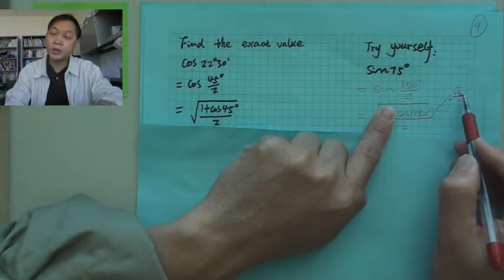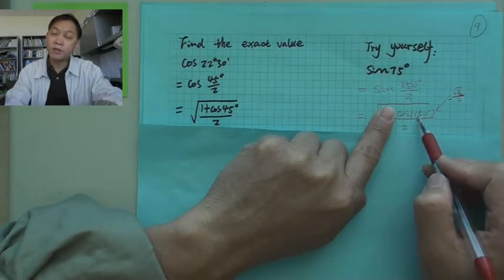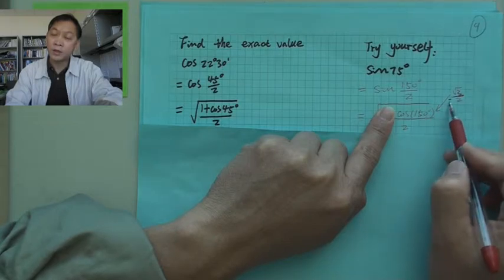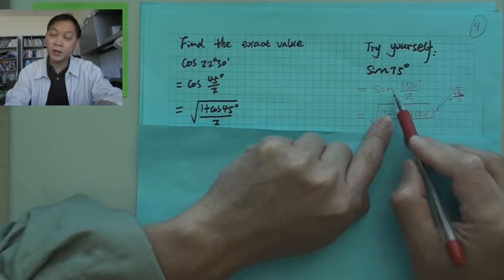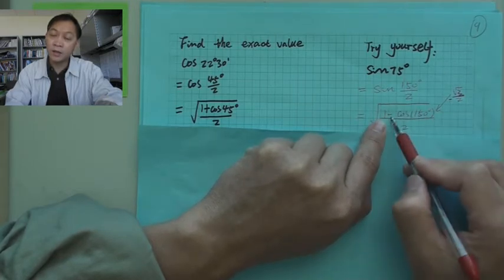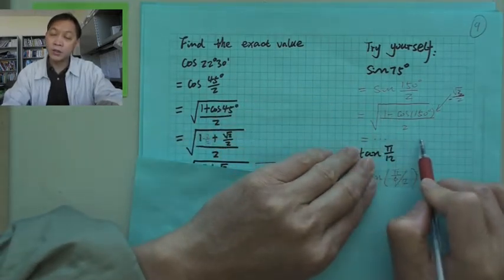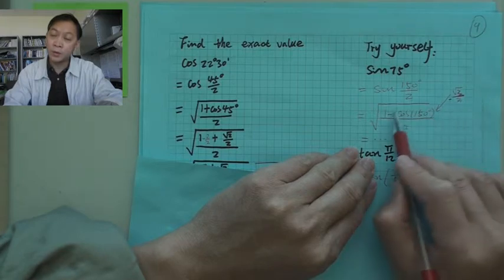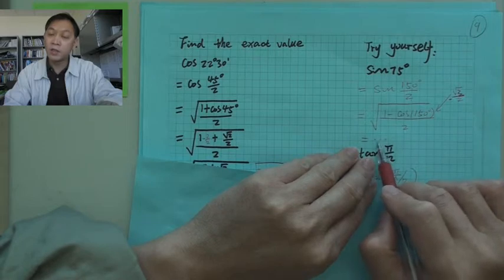Cosine 30 degrees is radical 3/2. And cosine 150 is in the second quadrant, so it's negative. And there was a 1 minus cosine is sine. You have a negative, negative, you should get positive. So the details is 1 plus radical 3/2, because you have negative, negative here, divided by 2. I'll leave details to you.